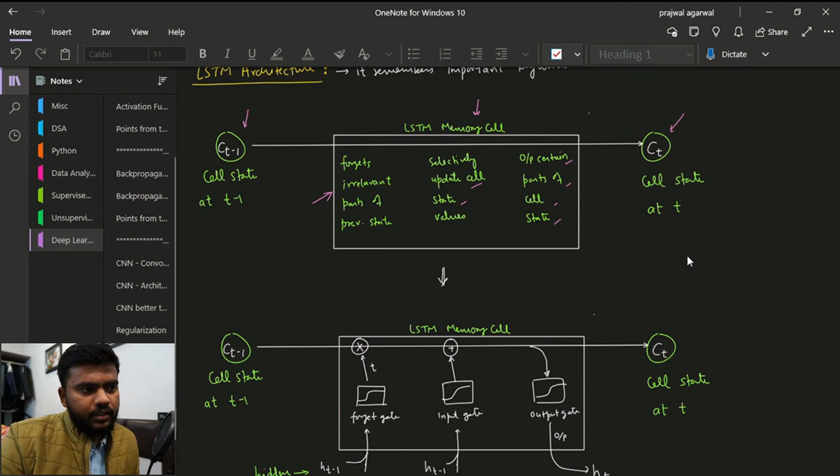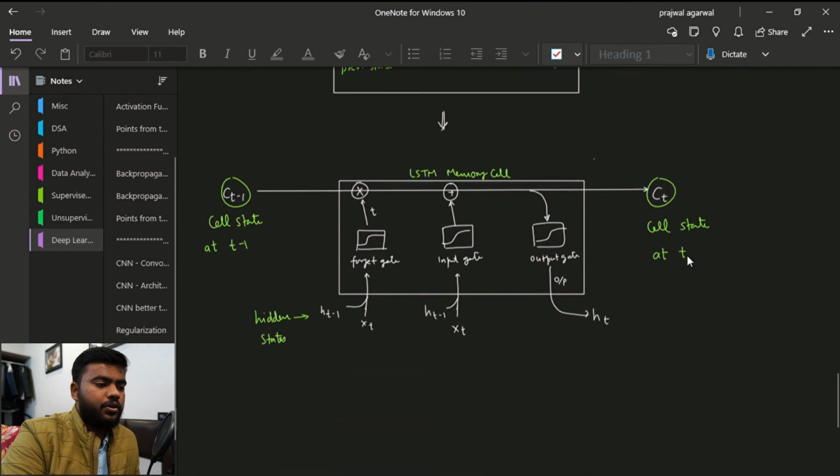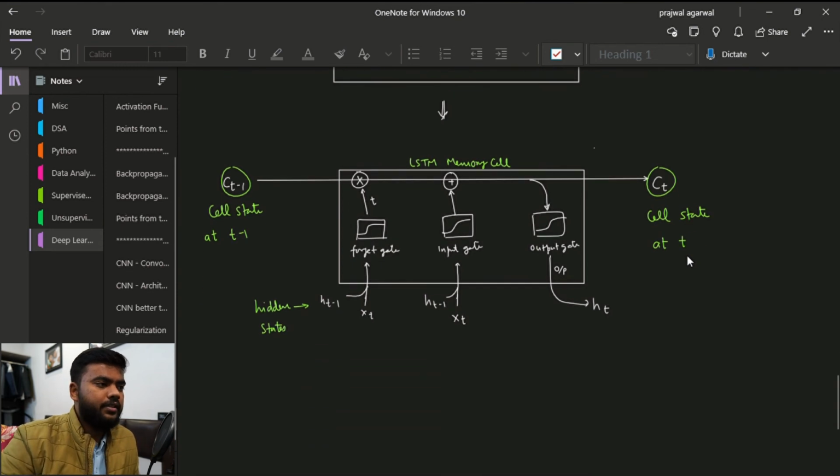To make it look better, we can also say that we have hidden states like this, and the entire signal is passed through a memory cell, which helps our model to remember the long-term context.